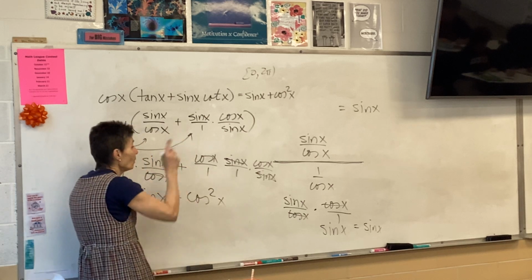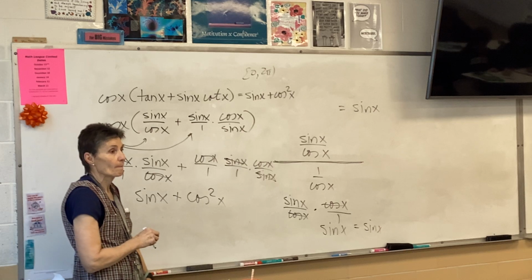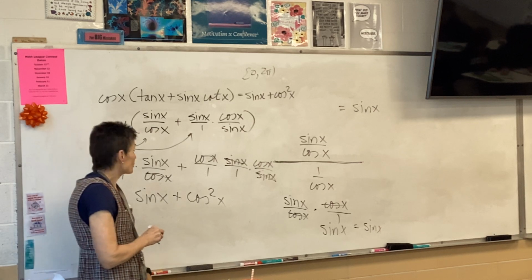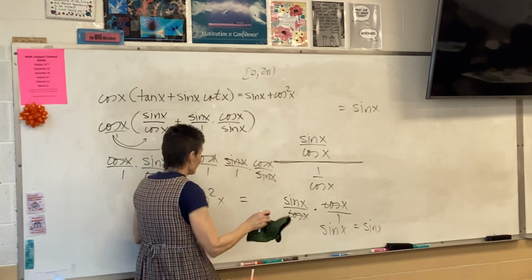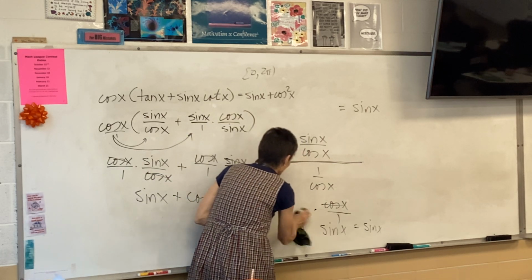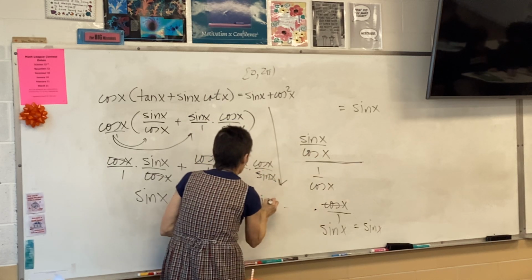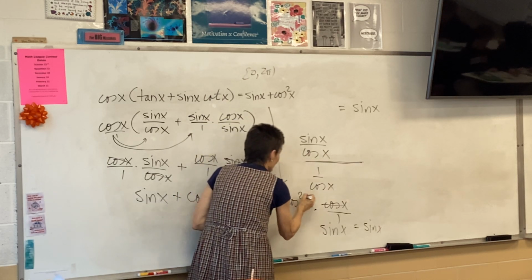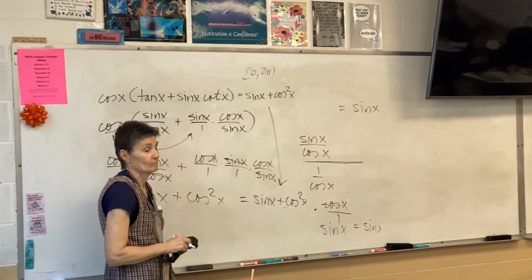And lo and behold, that's the answer. Your job was to prove this, so you showed that the right side and the left side are equal. They're the same thing.